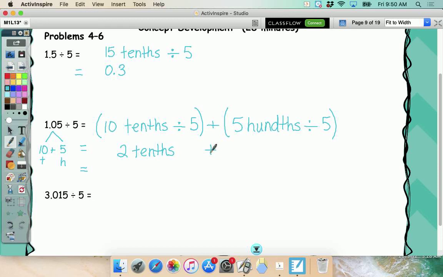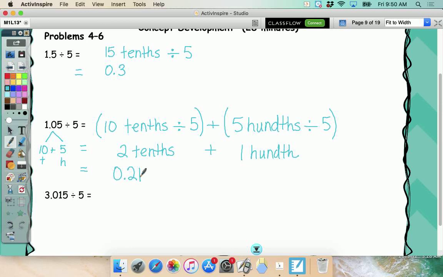What's 5 divided by 5? 1/100. Now all I have to do is write it in standard form. How am I going to write 2/10? 0.2, and then add 1/100 on it. And my answer to this problem is what? 21/100, okay? And eventually you'll get so good at it you can do it in your head.